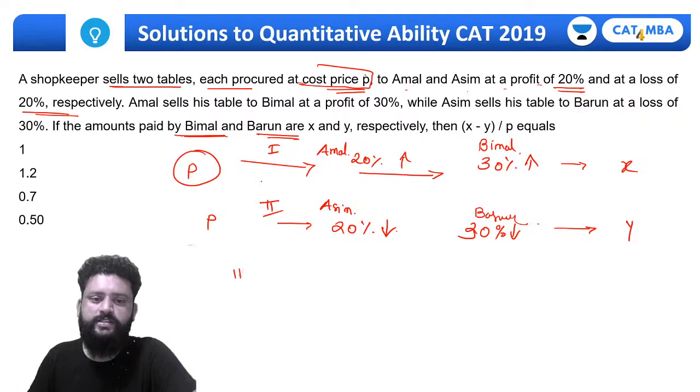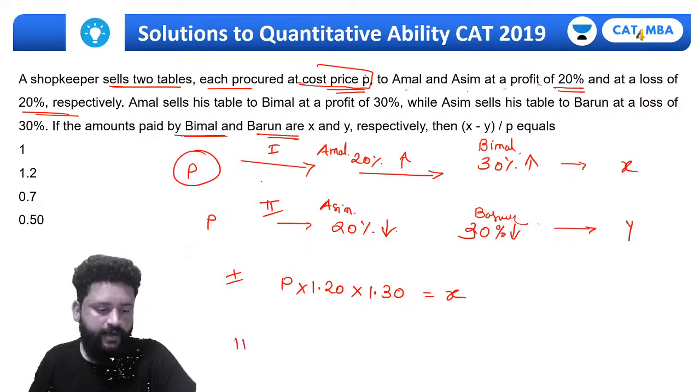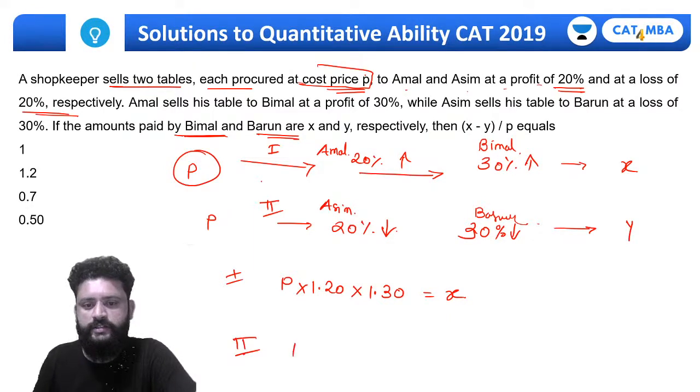So if you look at the first transaction, it is P into 1.20 into 1.30. This is the value of x. And just look at the third transaction. This is 0.80 into 0.70, 30% loss, so 70% will remain. Of what? Of P. This must be equal to y.